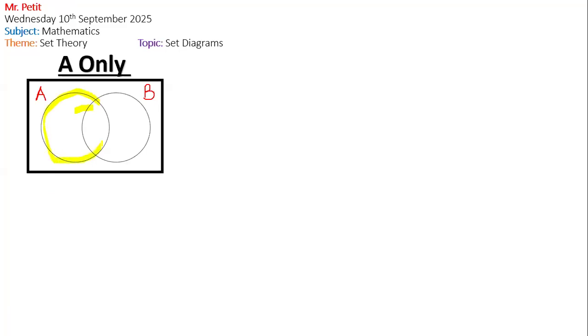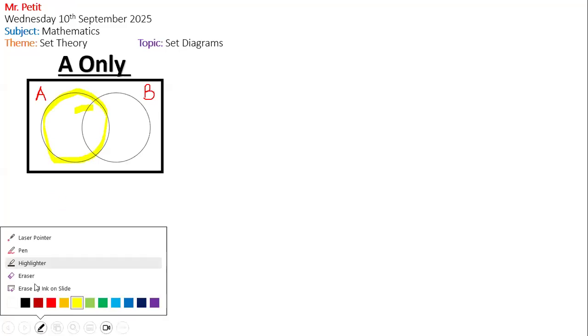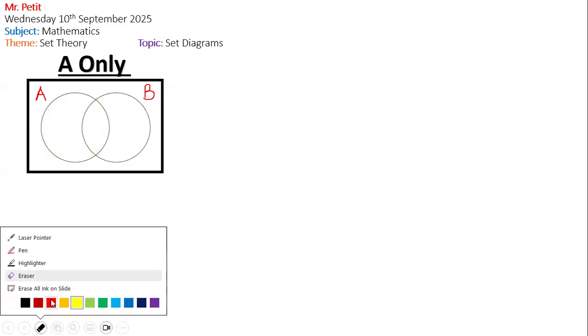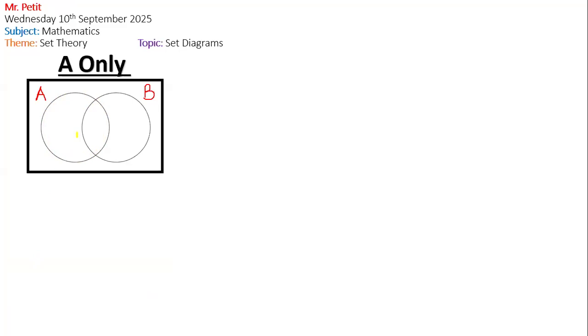Is that true? No, sir. You only circle A, only that part of A. So A only is only this part. We are not going to include the intersection.